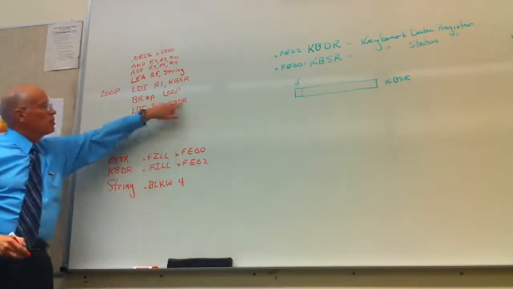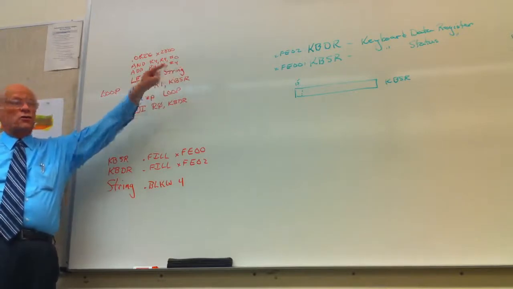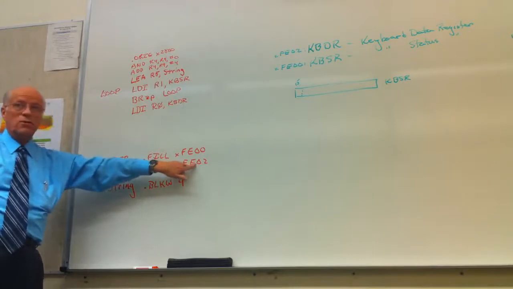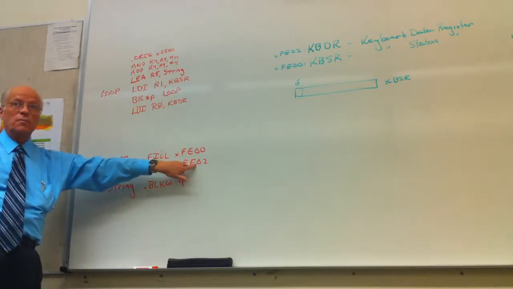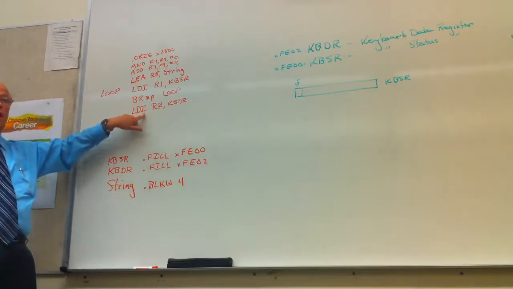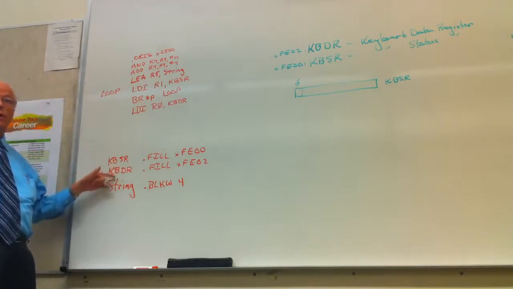Remember, this label does not actually get associated with that register. It's down here. This is the thing that's associated with that register. That's why I have to have the indirect. The examples in the book, they don't use these labels, they just use A and B.